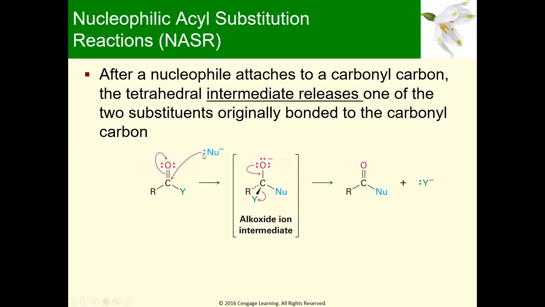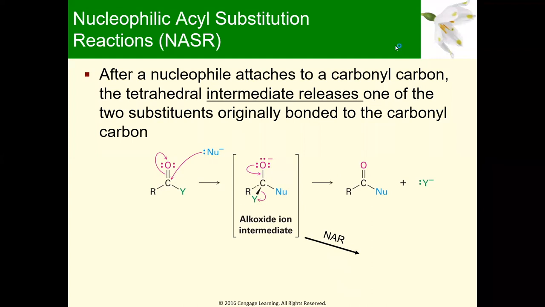So our nucleophile attacks that carbonyl carbon. A pair of electrons get pushed up onto the oxygen to give it a formal negative charge. And so now you have this tetrahedral intermediate. Remember that that's similar to what we had with a nucleophilic addition reaction, like we talked about last week. And so that's why I have that little side arrow. So let's add something to that.